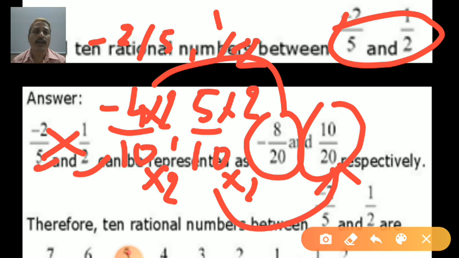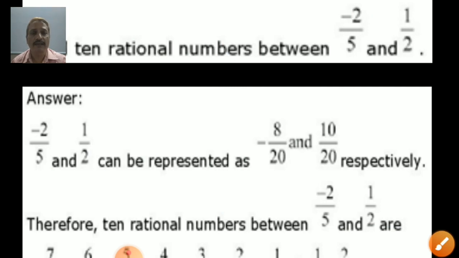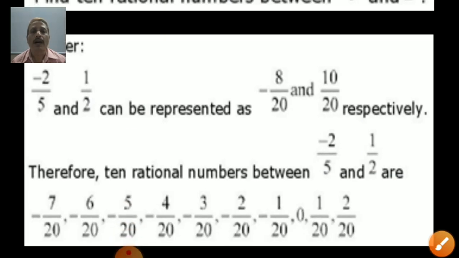Now I am having the third step. Minus 8 upon 20 and 10 upon 20. Yes, there are the number of rational numbers between minus 8 upon 20 and 10 upon 20. And we can choose any 10, not compulsory this and that, but in sequence we can select properly. After minus 8, what will come? Yes, minus 7 is bigger than minus 8.